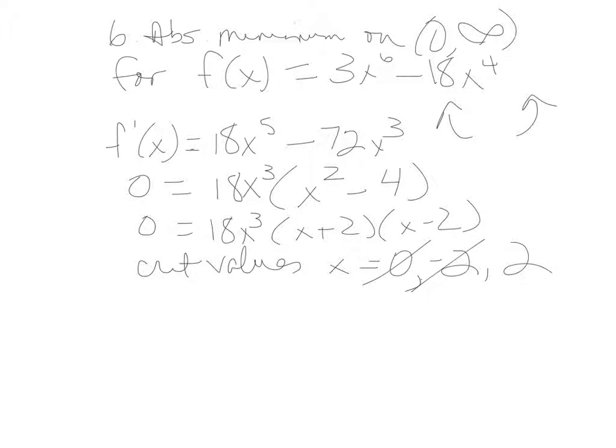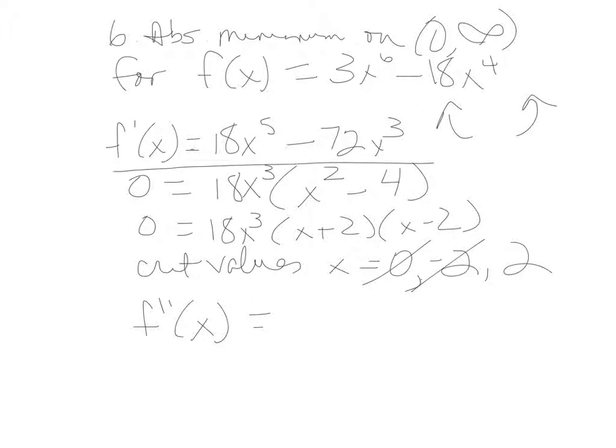So what I can do at this point, I could finish the first derivative test just to see if there's a sign change, but I already know because of end behavior, it would have to be an absolute minimum if it is an absolute minimum. And according to this second derivative test, f double prime of x, let's go ahead and differentiate the 18x to the 5th minus 72x to the 3rd.